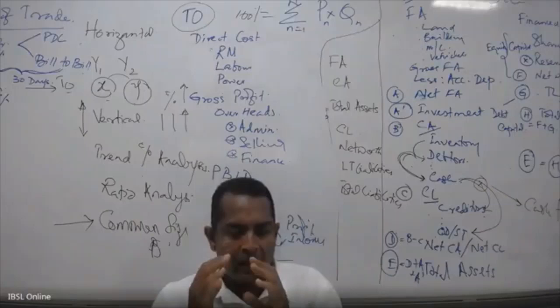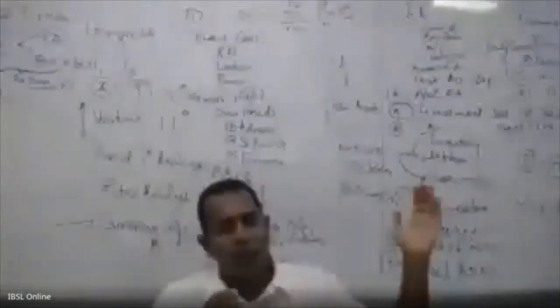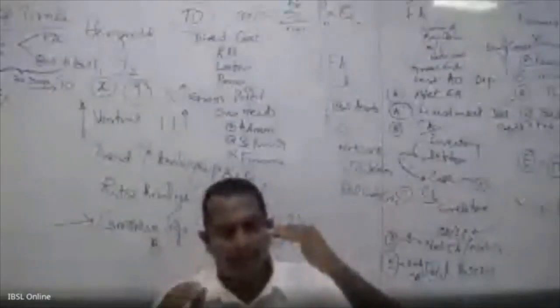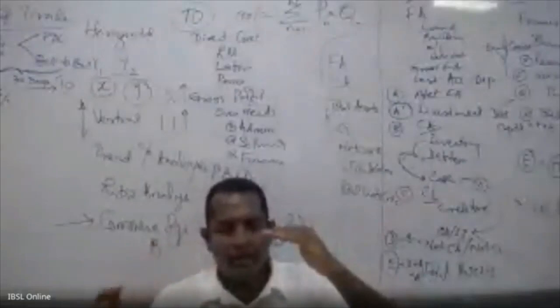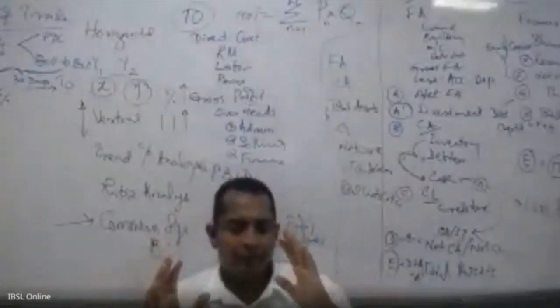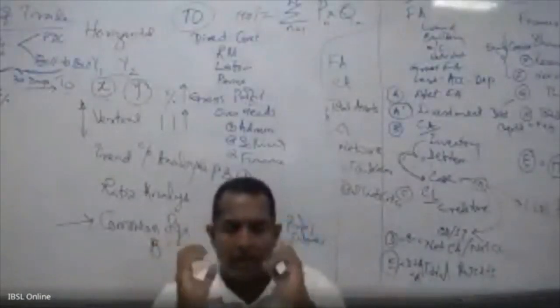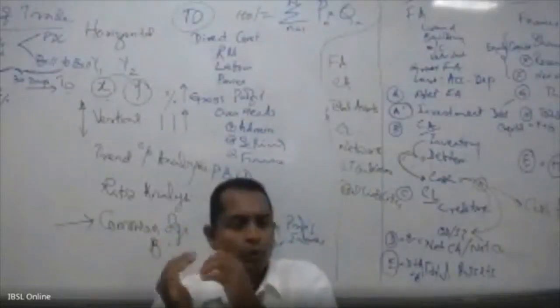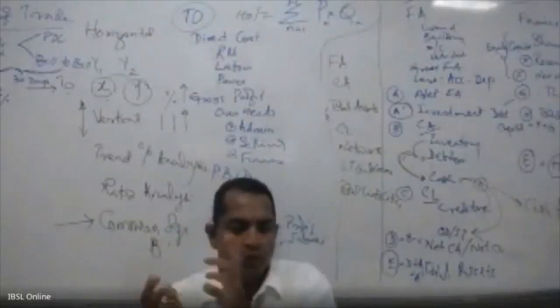That is the coverage current liability holders have from the current assets. Why? Current liabilities are settled by liquidating current assets. Right? Then current ratio should be in the range of 2, around 2, maybe 1.9, 2.2, that's fine.